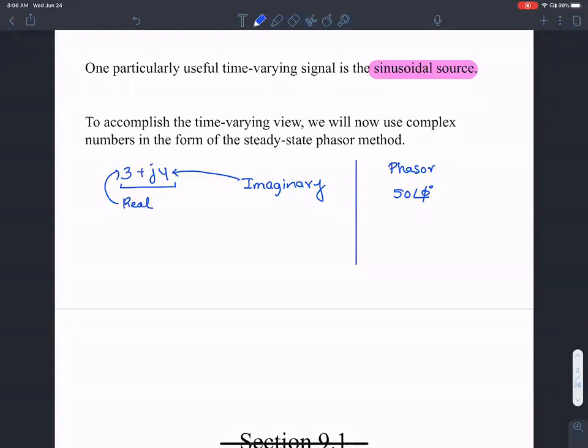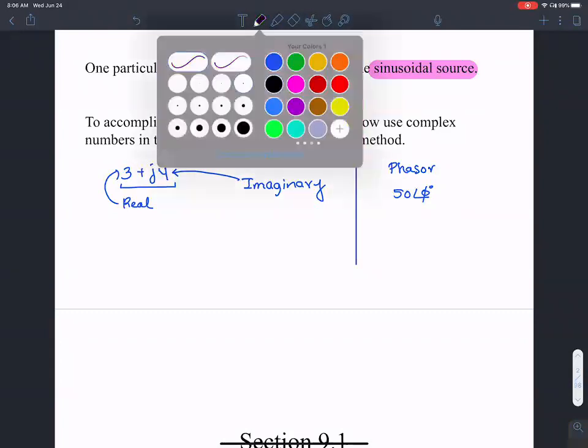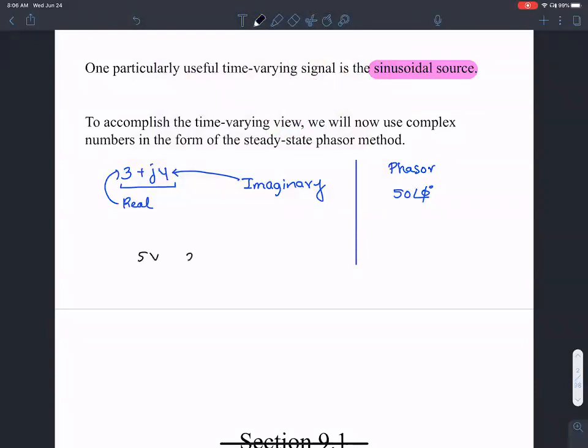So two new ways. So far we have only been using real numbers, 5 volts, 250 ohms, 1.6 milliamperes, so on and so forth, to represent the circuit conditions.